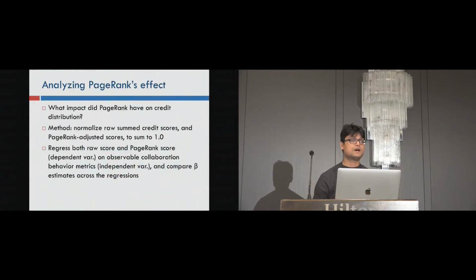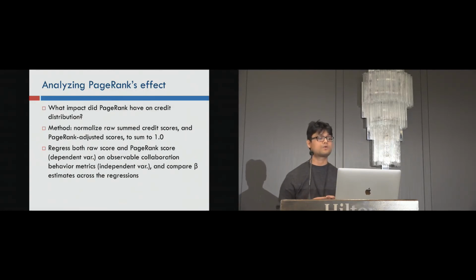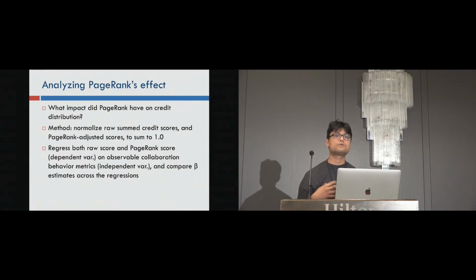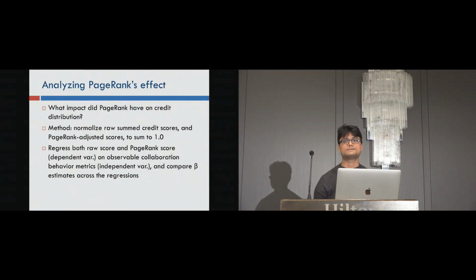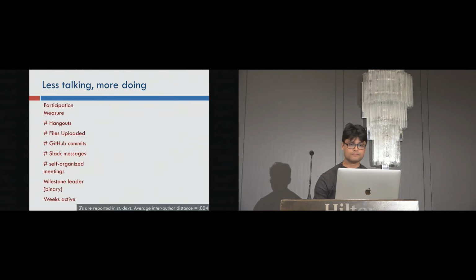I also talked about PageRank. But what impact did PageRank have on credit distribution? To understand that, we normalized raw summed credit scores and PageRank adjusted scores to a sum of 1, and regressed both of them on observable collaboration behavior metrics, such as GitHub commits, number of Slack messages sent, or leadership positions held, and compared beta estimates across the regressions.